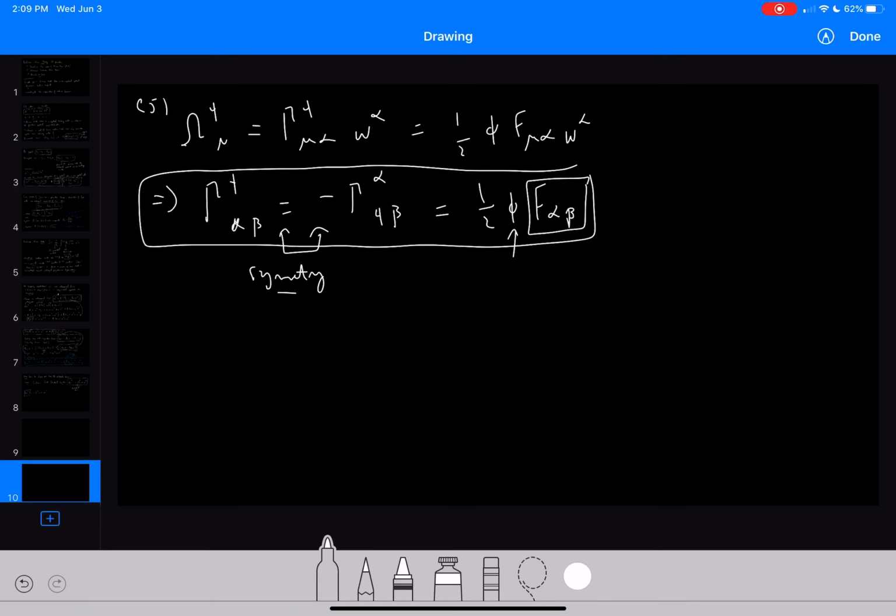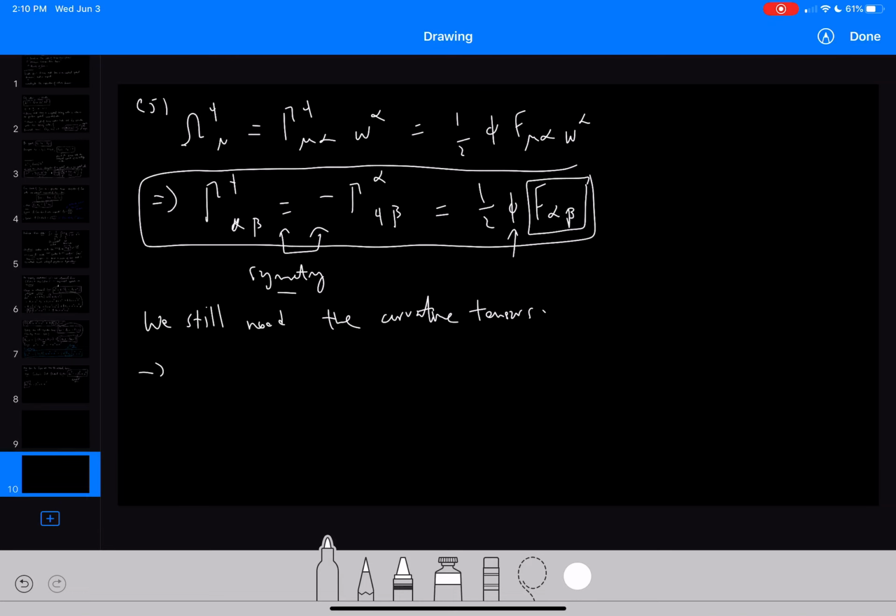So we have the connection coefficients, but we still need the curvature tensors. And we'll see that it's possible to calculate using this Cartan formalism as well. But let's make a general statement before I do that, which will be a good hint.